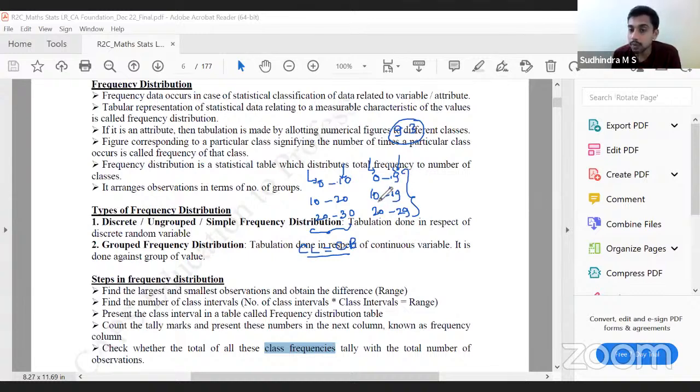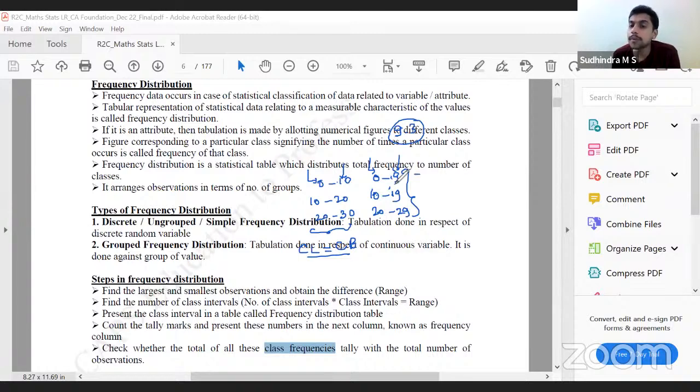Identify the difference between these two: lower limit of the next class interval and upper limit of this class interval. Here we have 1, divide by 2, 0.5, apportion it to both. That is, to get the lower class boundary, subtract that d by 2 from the lower limit, we get minus 0.5.